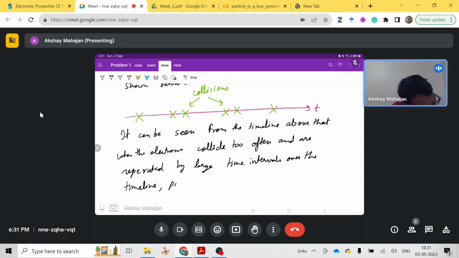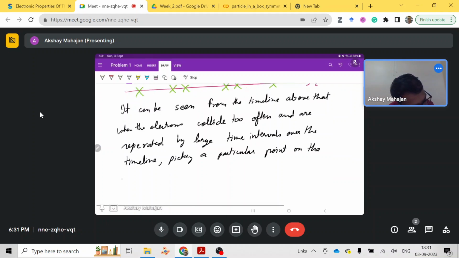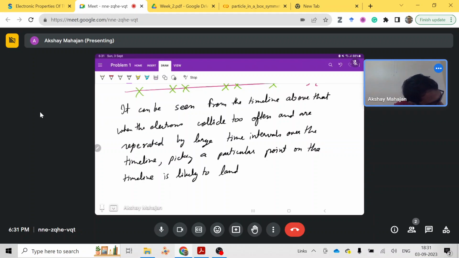picking a particular point on the timeline is likely to land on a large time interval.